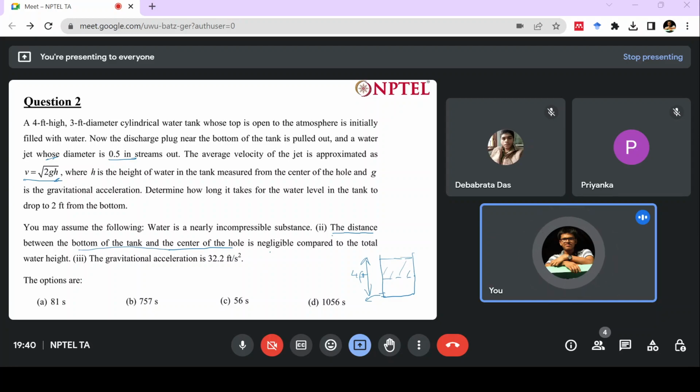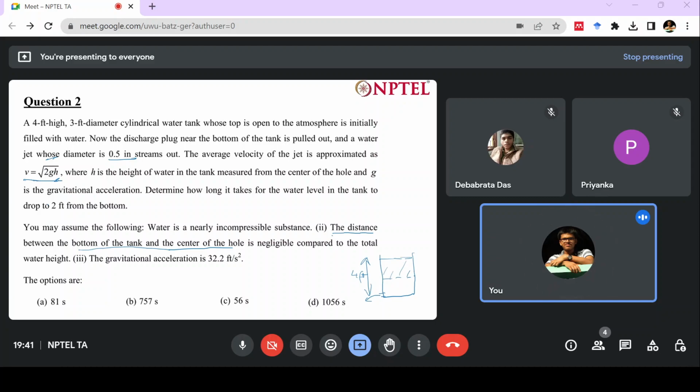So tell me how to approach this problem. Here the velocity of the jet will vary, right? Because h is decreasing, and that's the main challenge for solving this problem.